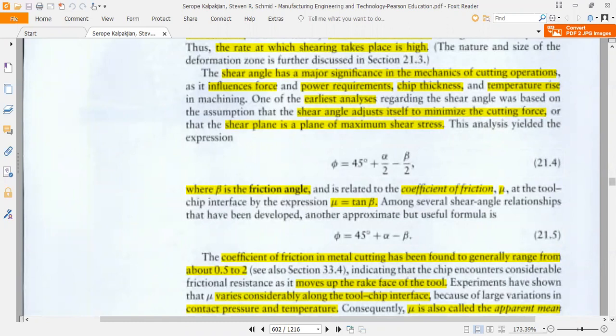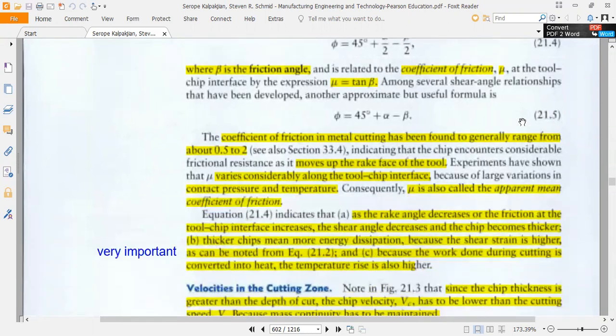In the start, the earliest analysis was that the shear plane angle adjusts itself to the minimum cutting forces. However, nowadays it is clear that it depends upon how we adjust the shear angle and other dimensions of the tool, in order to get the minimum forces applied in the machining of the job.